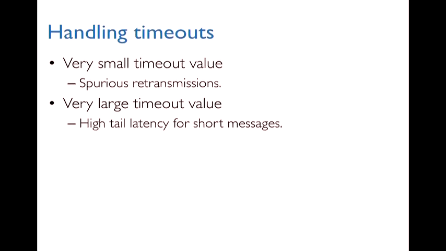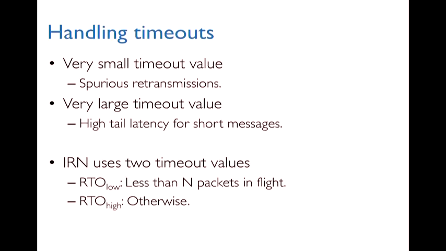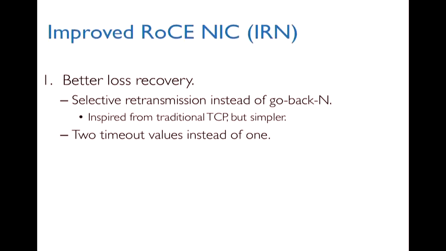So, to increase the robustness of how this timeout value is set, with IRN we use two timeout values. An RTO_low value is used only when there are a small number, N, of packets in flight, and we use a higher RTO_high value otherwise. We set N equal to 3 in our experiments, but we verify that we are not very sensitive to this precise N value. So to recap, this is the first change that we make with IRN, better loss recovery, where we do selective retransmission instead of go-back-N, and we use two timeout values instead of one.